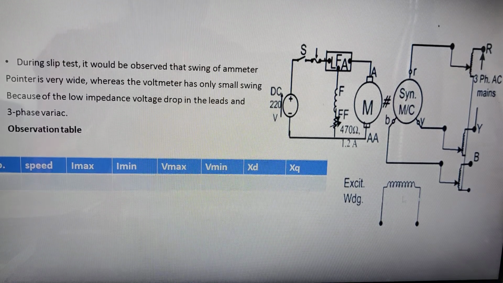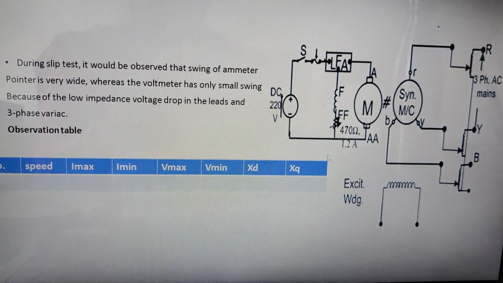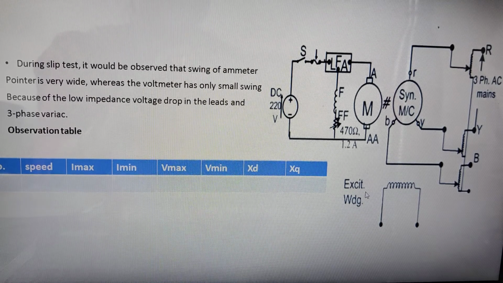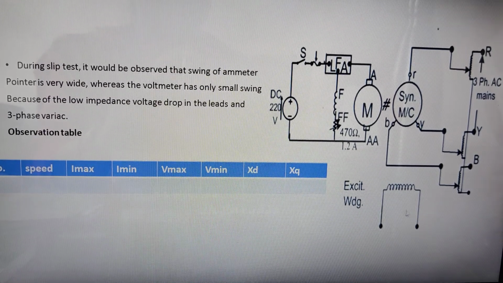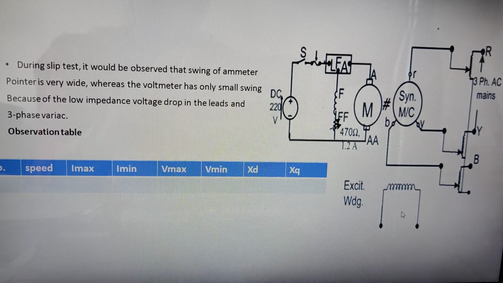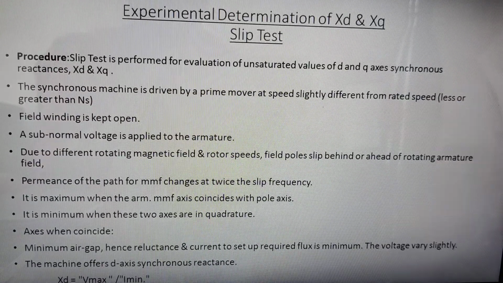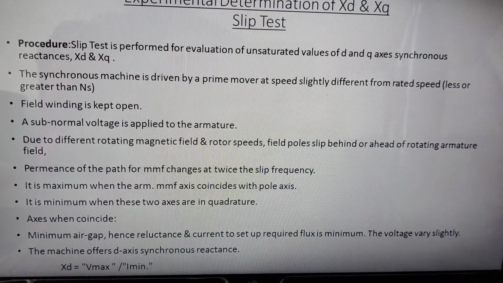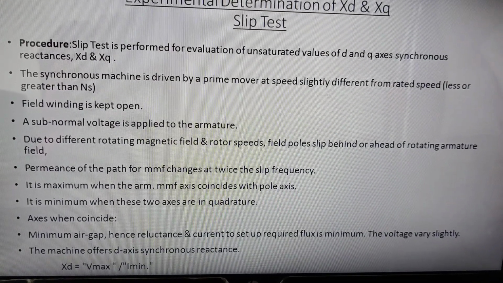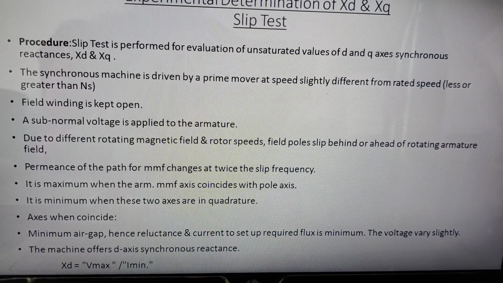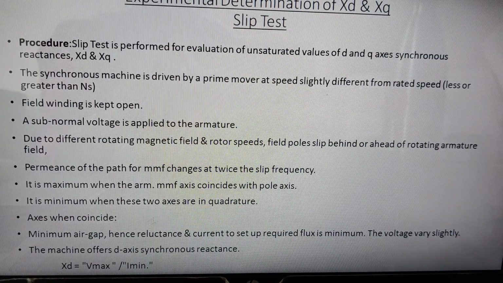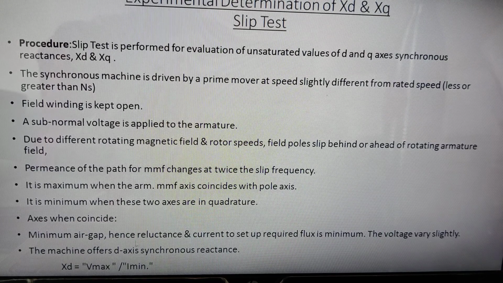The DC supply which is applied to the machine is constant, so there will be constant flux in the machine, right? So when the machine is along the D axis, that is when the armature MMF is along the pole axis, direct axis, then there is a minimum air gap, hence reluctance will also be minimum.